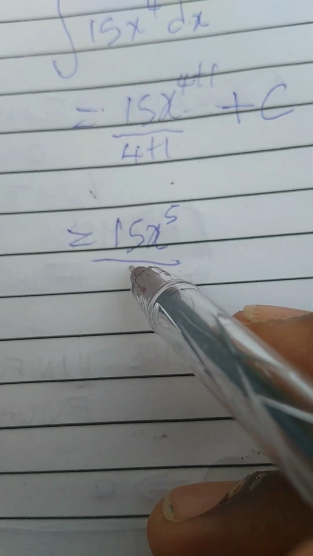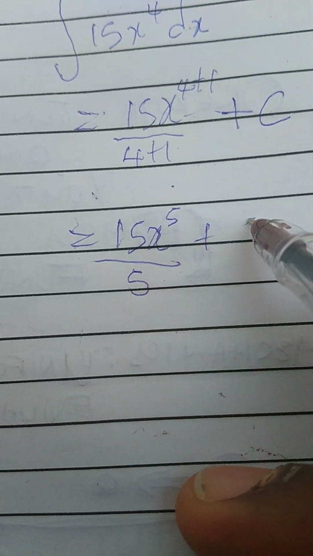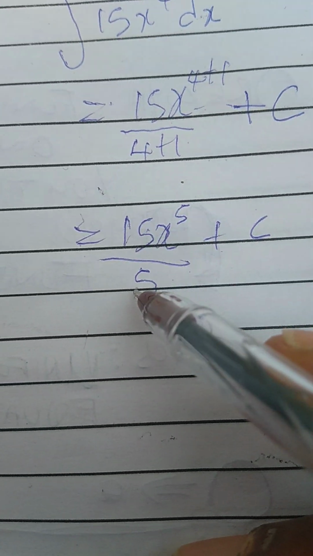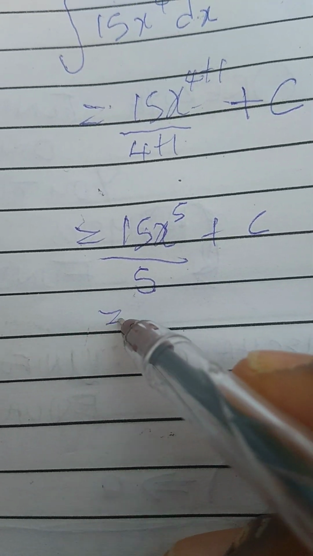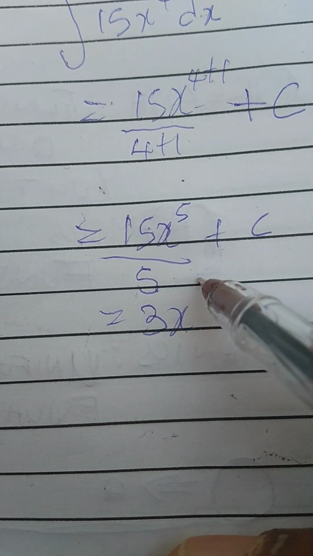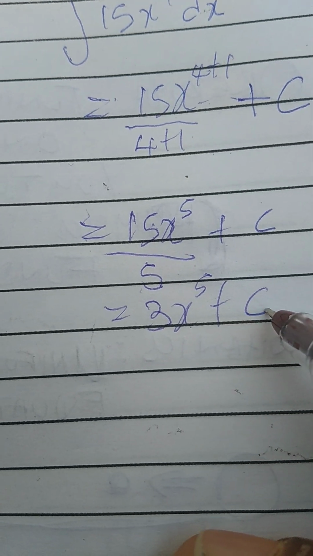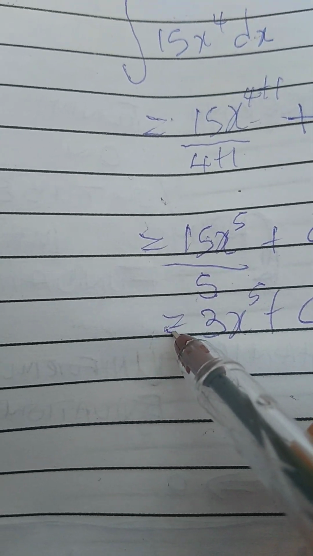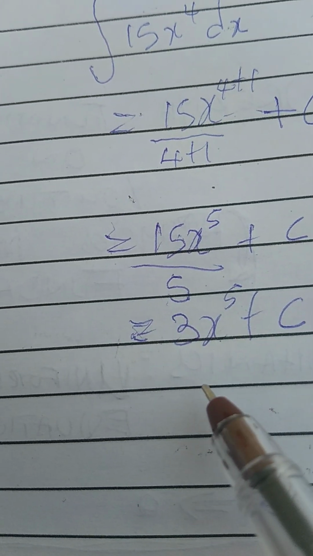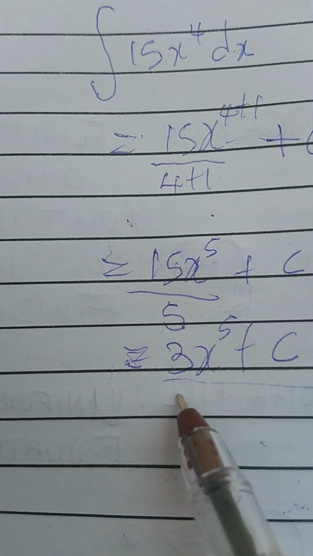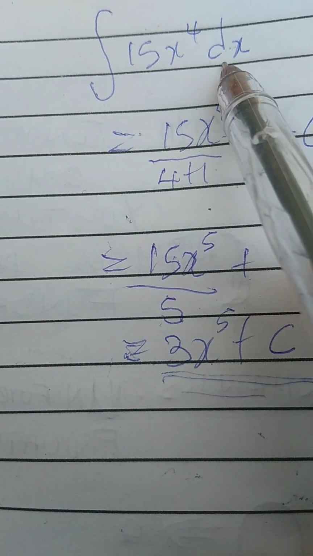So our result will now be 15x raised to power 4 plus 1 is 5, divided by 4 plus 1 is 5 also, plus c. And 5 can go into 15, 5 in 15 is 3. So we are having 3x raised to power 5 plus c. That is the integration. So this is the particular function that when we differentiate it, it gives us this particular derivative.